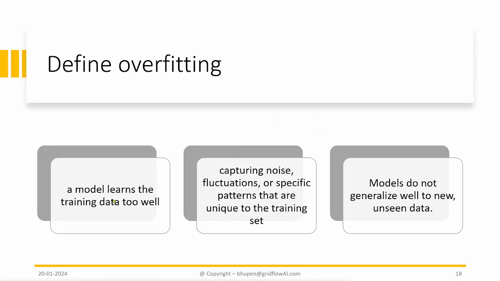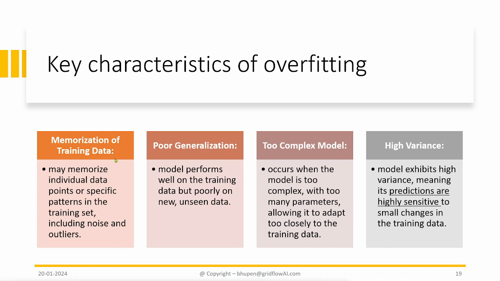So what is overfitting? It is a model which learns the training data very well, and it captures all the noises and fluctuations and specific patterns in the training data. And that's the reason the model does not generalize well when it comes to predicting a new sample. The key characteristics of overfitting are that it will memorize all of the training data, result in poor generalization, and the model is too complex.